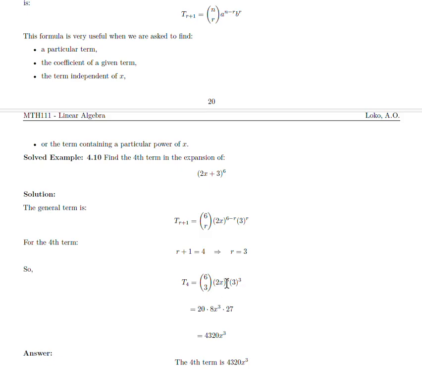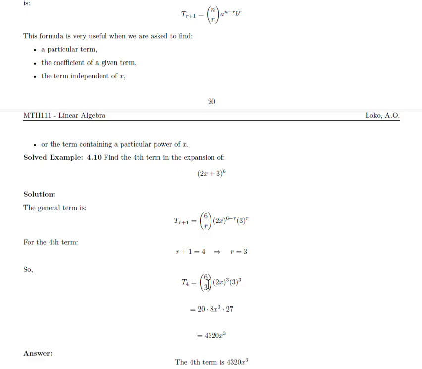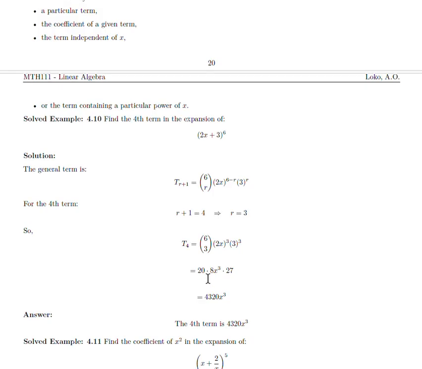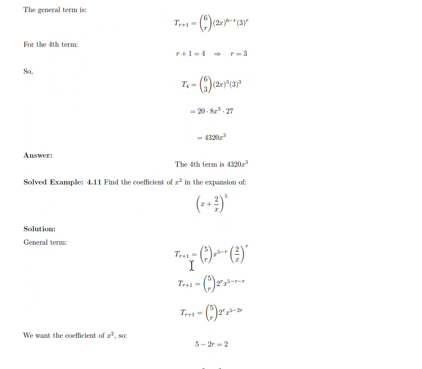Then x cubed and 6 combination 3. If you do the combination or you use Pascal's triangle, you see that 6 combination 3 is 20. And so 20 times 8 times 27 gives us 4320 x cubed. This is the 4th term of that expansion.